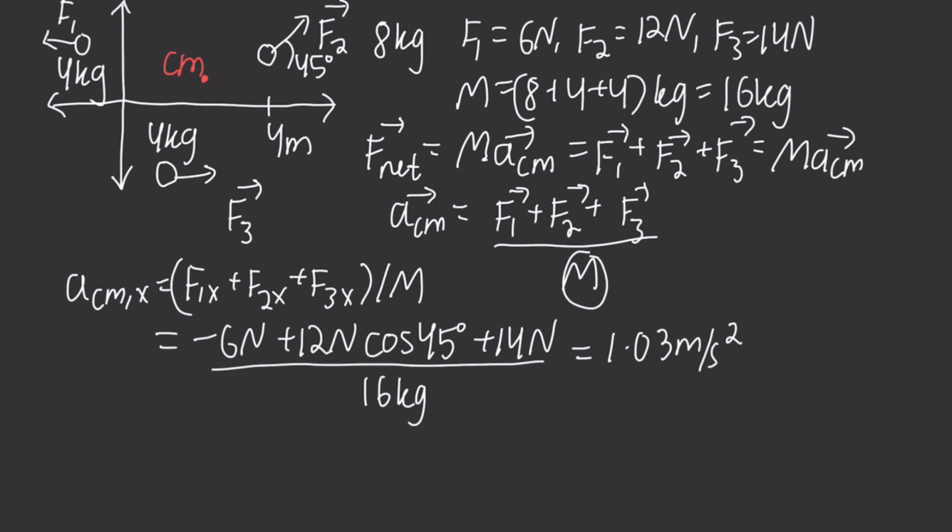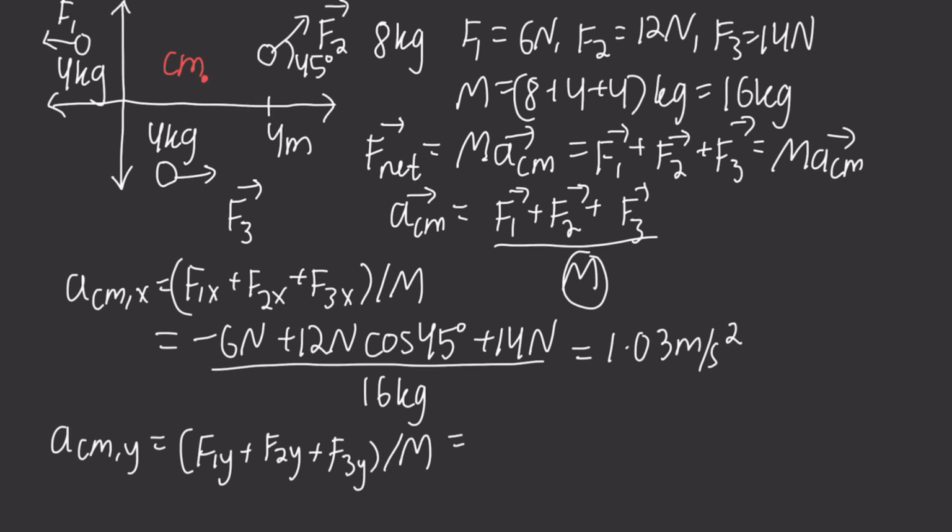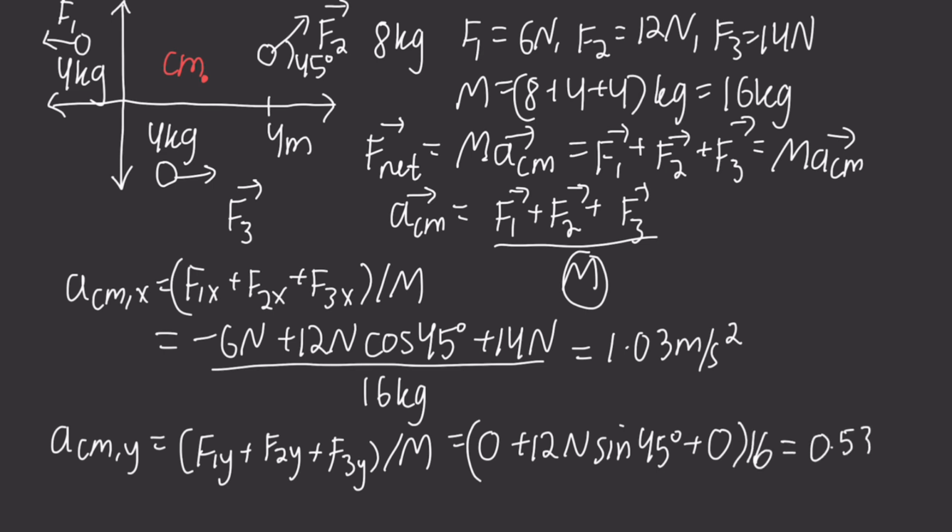And we can do the same in the y direction. We do F1y plus F2y plus F3y, all divided by m, and this gives us 0 plus 12 newtons sine 45 degrees plus 0 again, divided by 16, which gives us 0.53 meters per second squared.